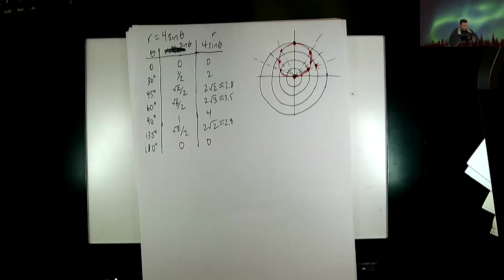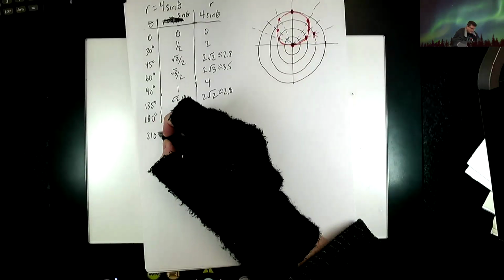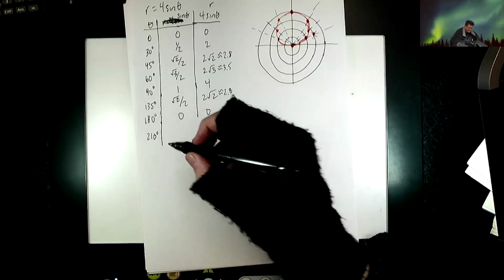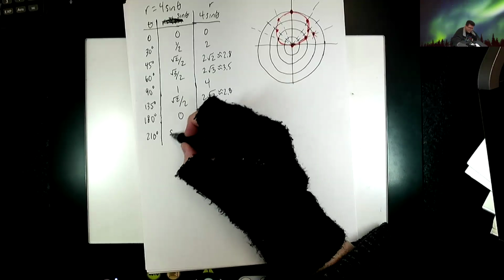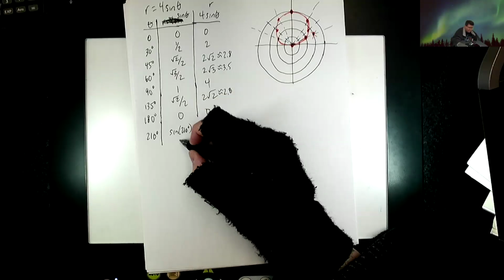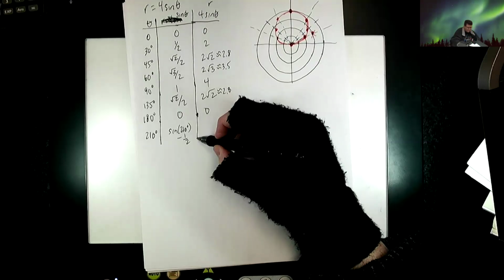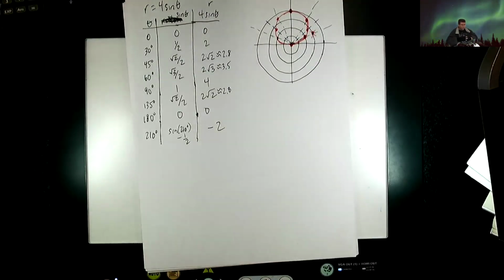Does going further help? Let's check. If I do 210, sine of 210 is -1/2, so this one's going to give me -2 for my r.